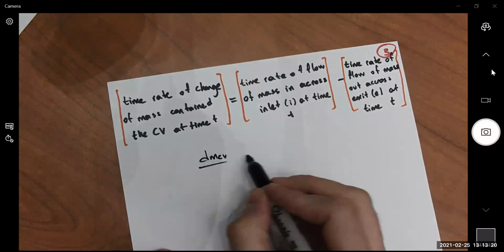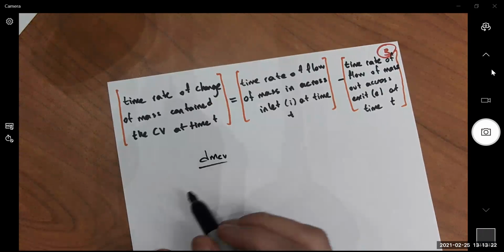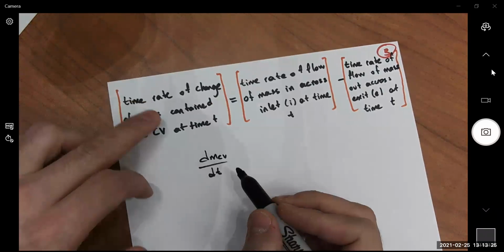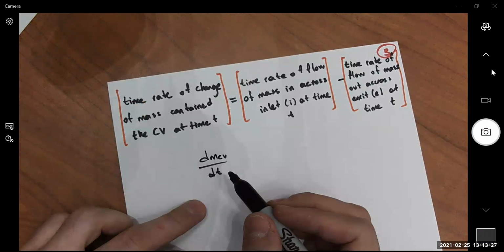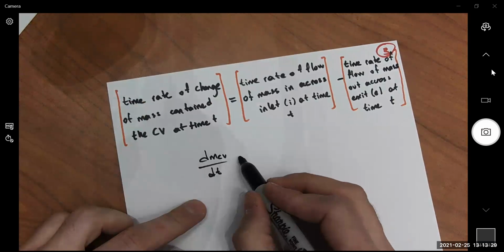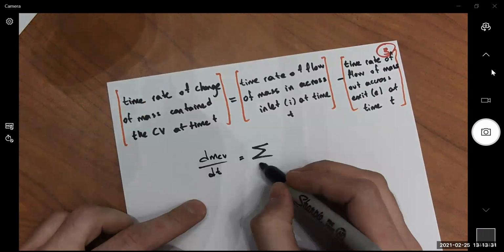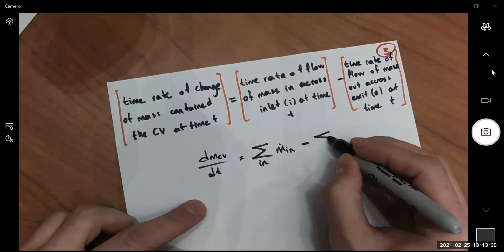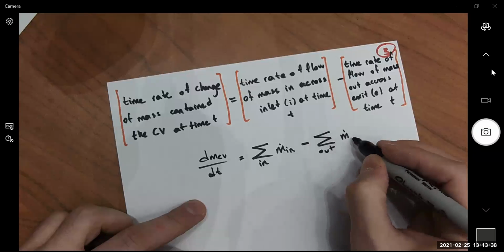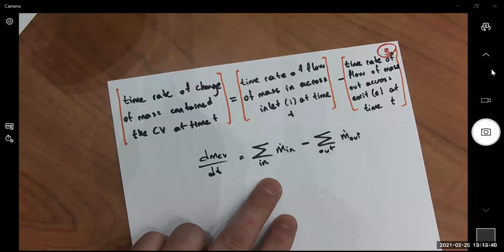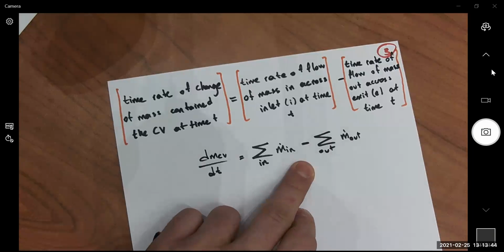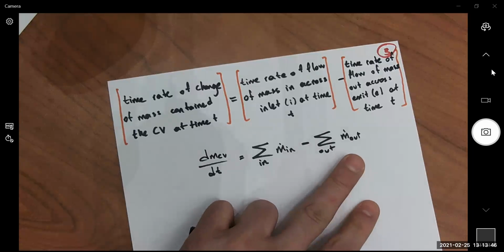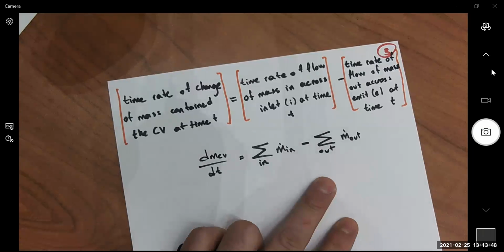This dm control volume over dt, this is basically what it means, in a mathematical way, equals the summation of inlets at a time interval minus the summation of outlets of mass, right?